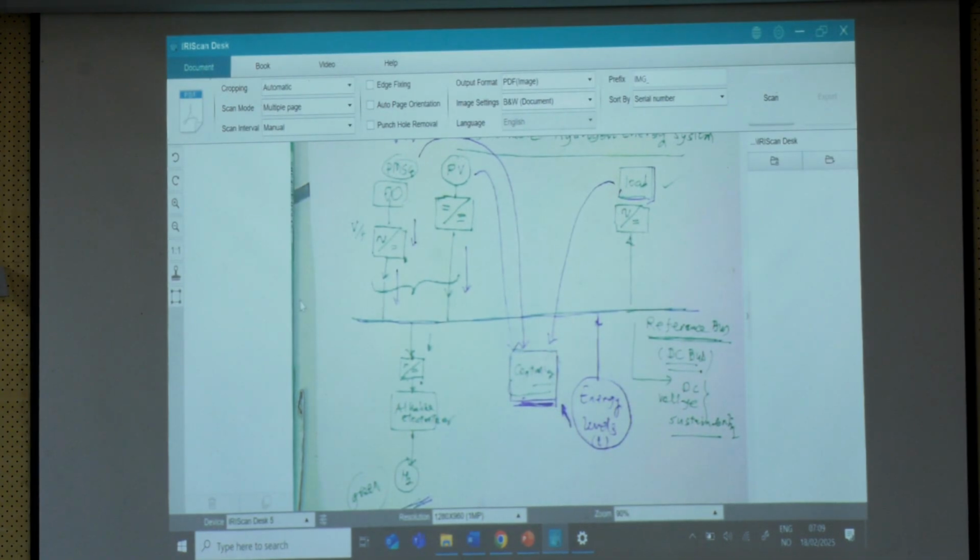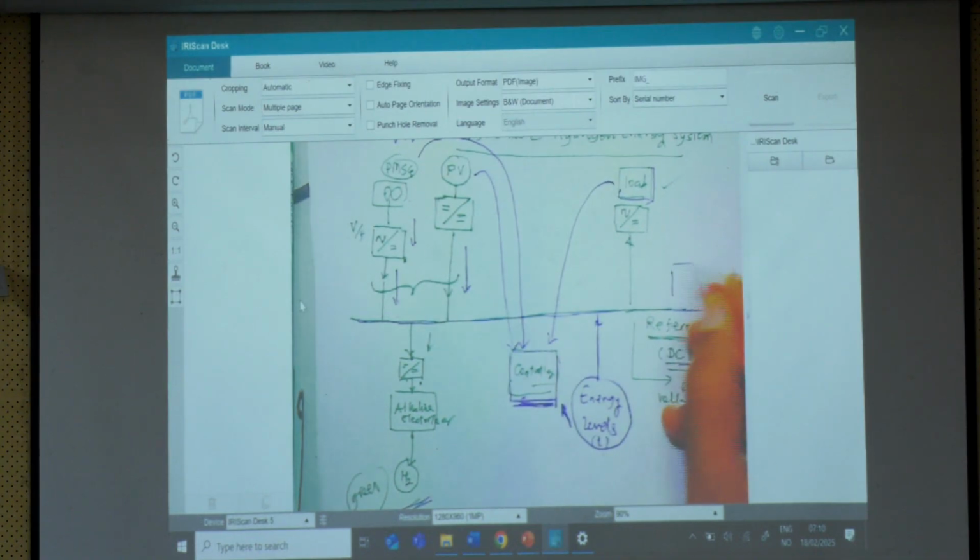So, to avoid that, on the reference bus or DC bus which we mentioned here, we may need to consider short term energy storage.